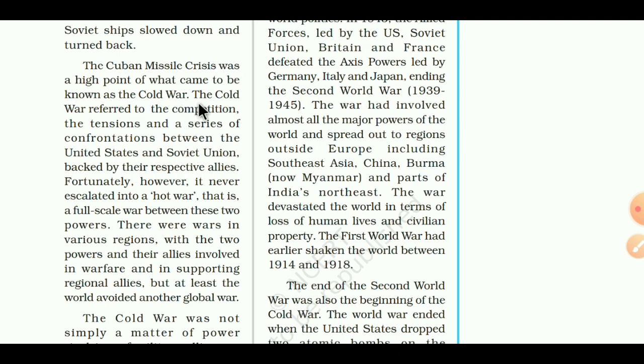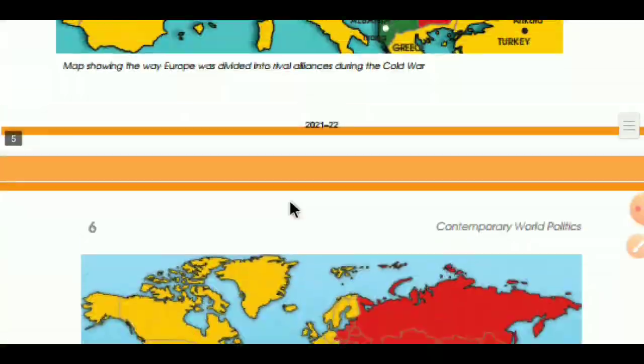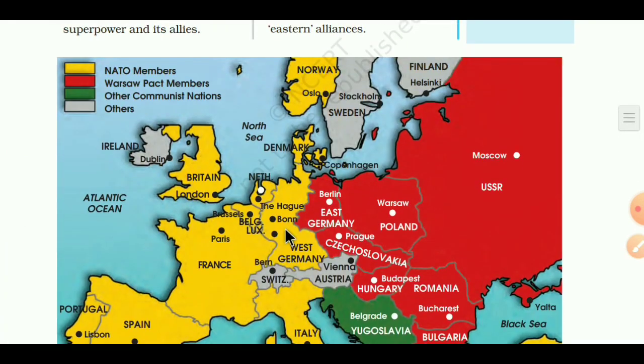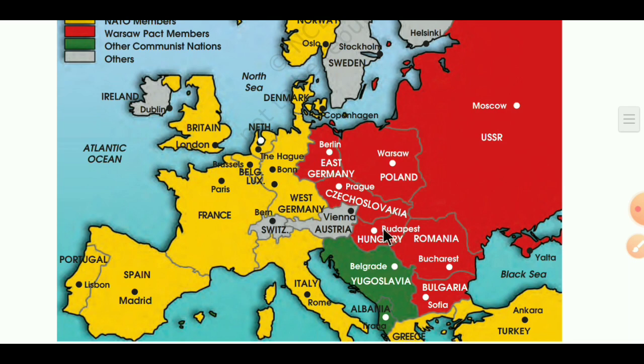From this time the Cold War began between two powers, the United States of America and the Soviet Union. Now I am telling you, from here you will understand everything. This map shows the NATO members and the Warsaw Pact. I am telling you the summary of this chapter.